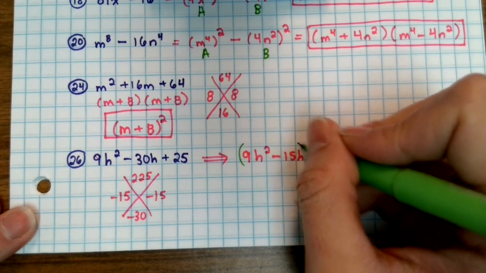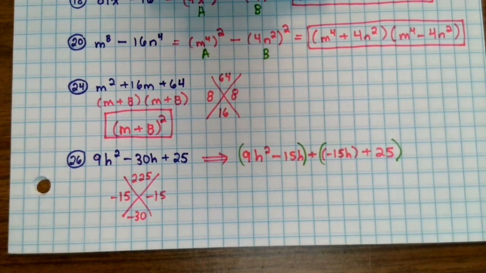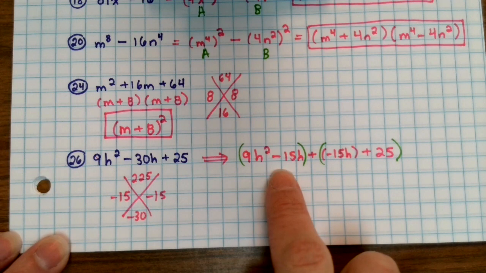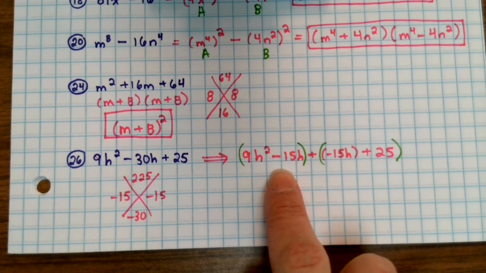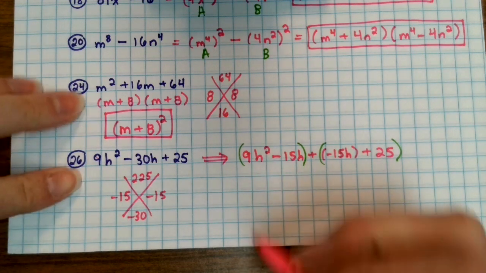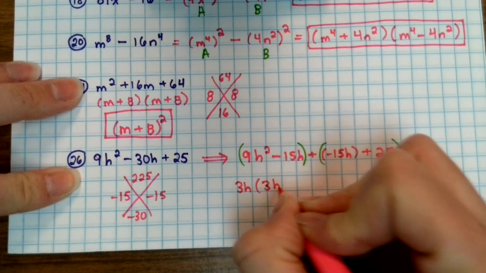We'll group these first 2 terms together, group the last 2 terms together, and then we have to figure out, again, what can be factored out of each of these groups. So focusing on our first group, we have 9h squared minus 15h. So factoring out the GCF of those two, 3h, we're going to be left with 3h minus 5.